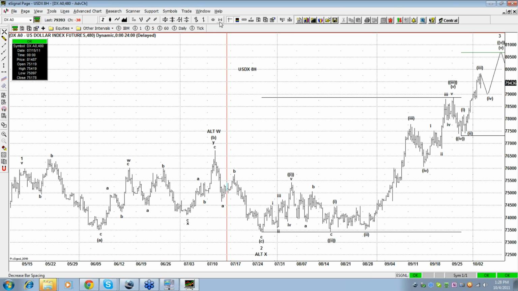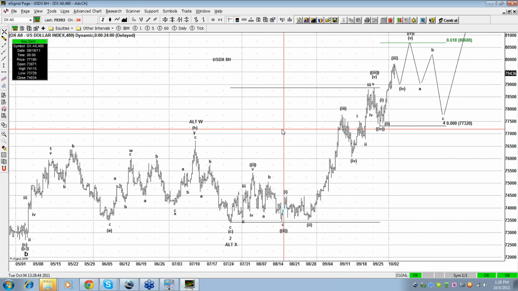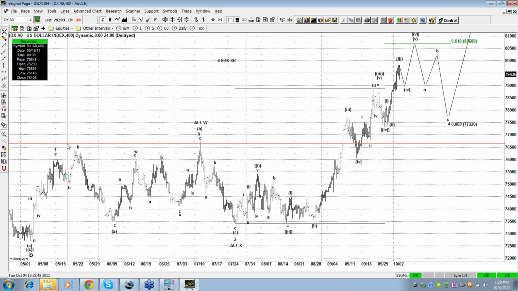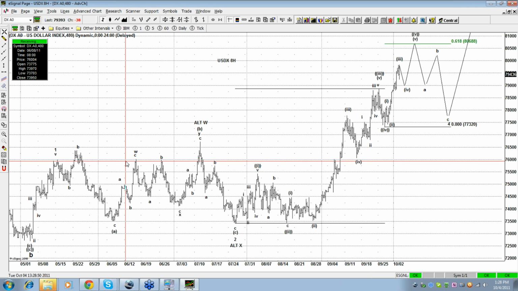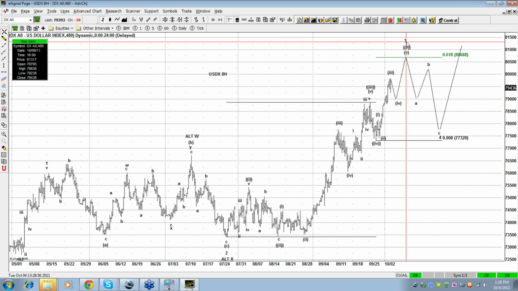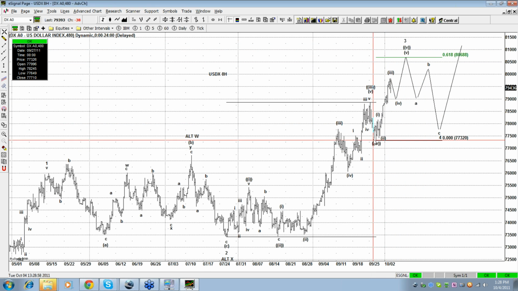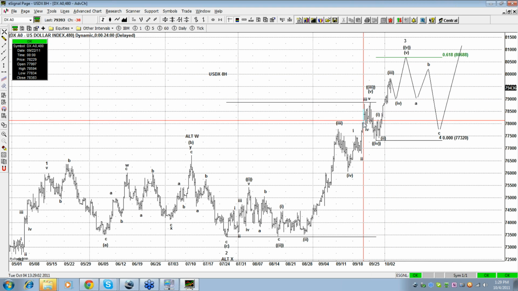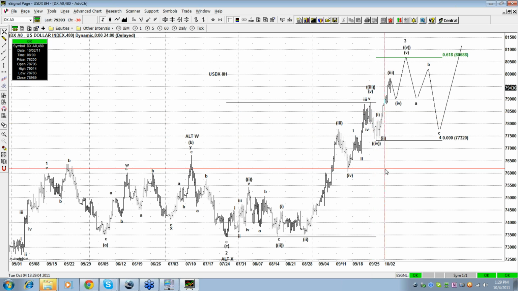This is the dollar index in the 8 hour. This is the most logical part. Is 1, 2. Now we're ending wave 3 here. We should be here now. 1, 2, 3, 4, 5. We should be here compared to this wave 5.